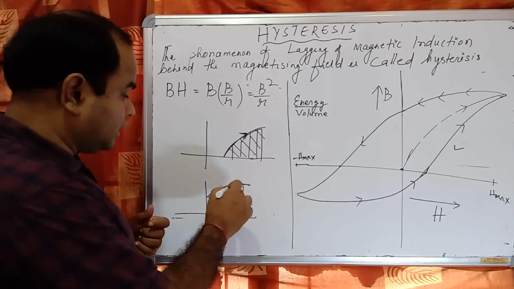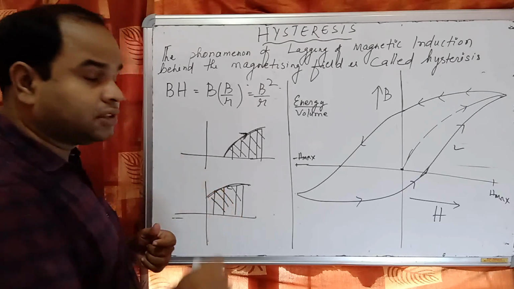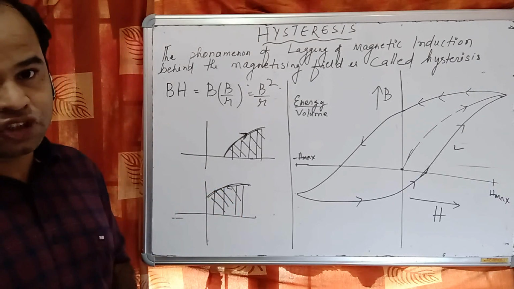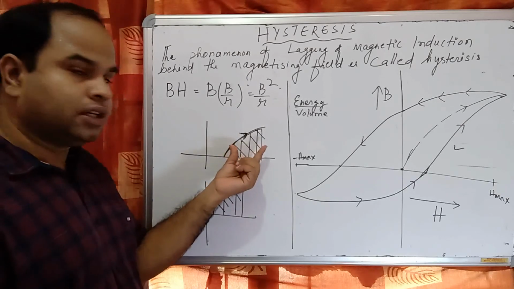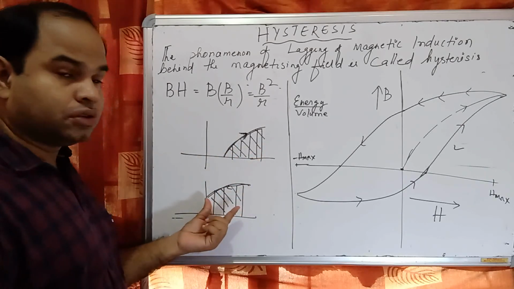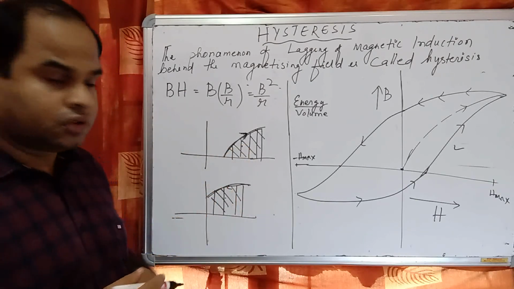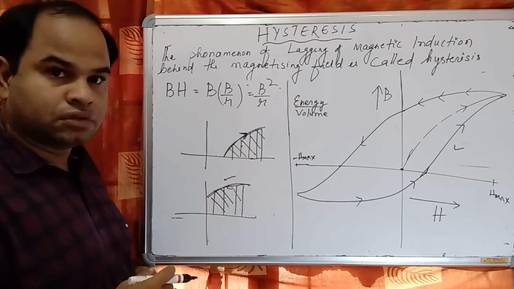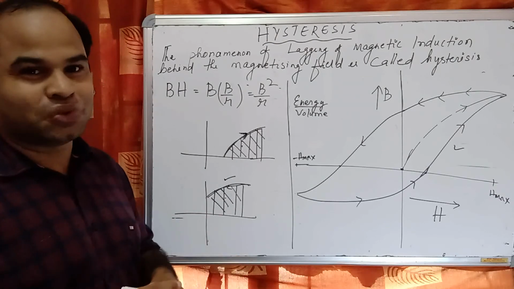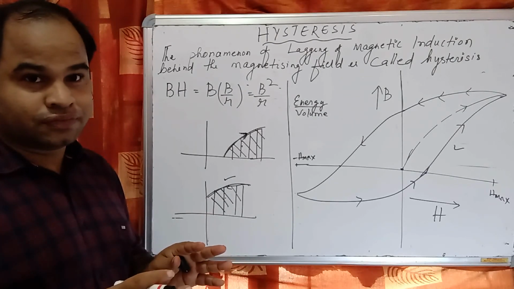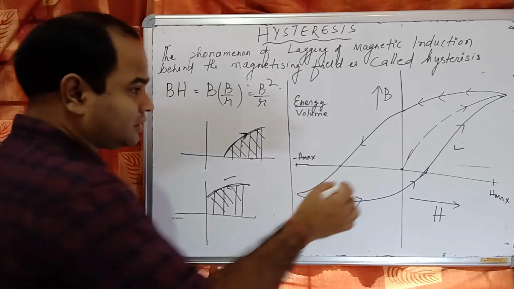So this area represents energy lost during demagnetization. Energy gained during magnetization, energy lost during demagnetization. तो ये तीटा area जो देखिए, which area is more? This area is more. That means loss is more.